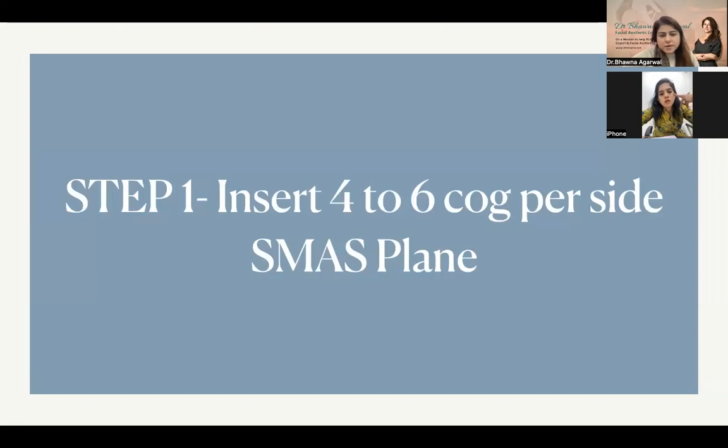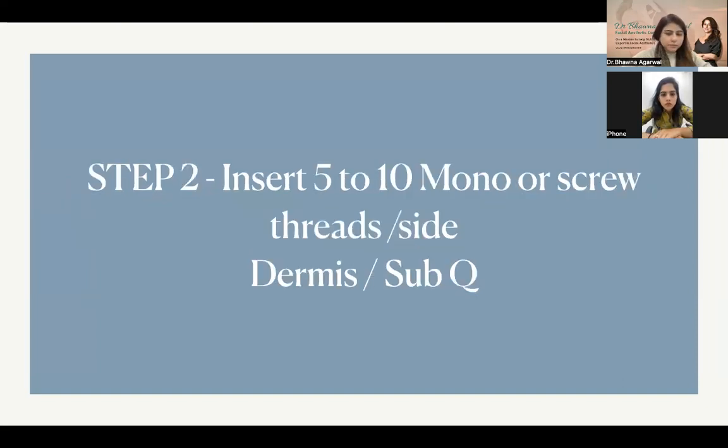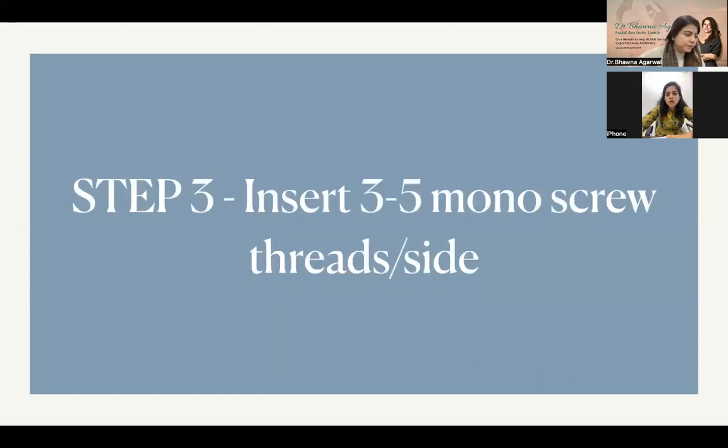So step 1 is insert 4 to 6 cogs per side. Next, step 3, insert 3 to 5 mono screw threads per side.